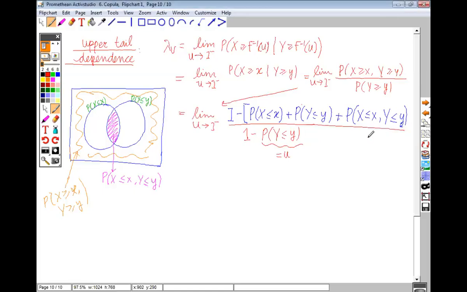Okay. And now if I try to look at it further using what I already know, what I get here is 1 minus. This is nothing but the probability that x is less than or equal to x, so what is this? U, right? And what is this? U. And what do we know about this one? Do we know what the value is for this? Anyone?